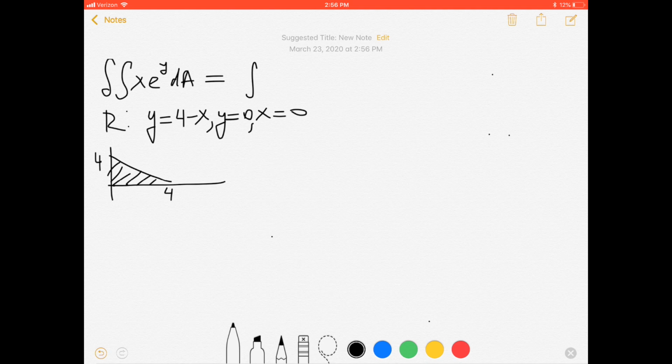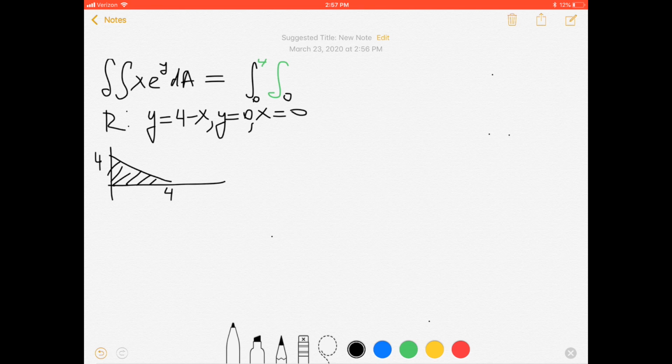We have the integral. Well, I think we use order dy dx. This means here x is changing from 0 to 4. I don't need green, I need black.